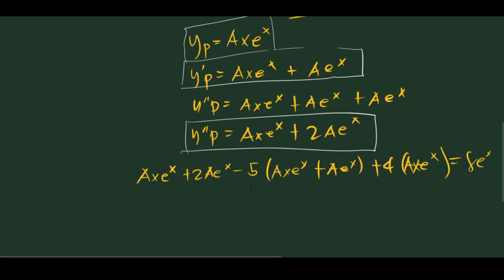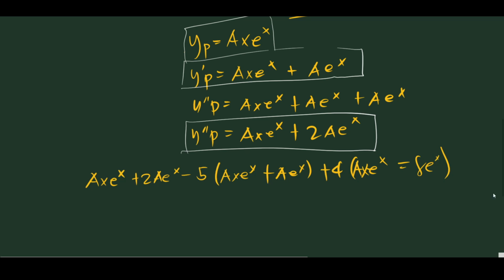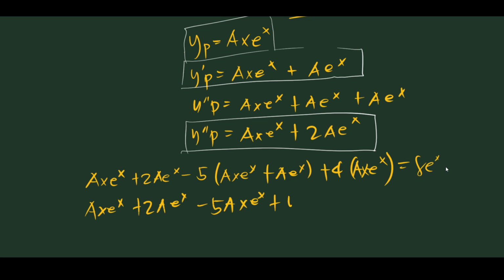Let's simplify this. We have a x e raised to x plus 2a e raised to x, minus 5a x e raised to x, minus 5a e raised to x, plus 4a x e raised to x, equal to 8 e raised to x.